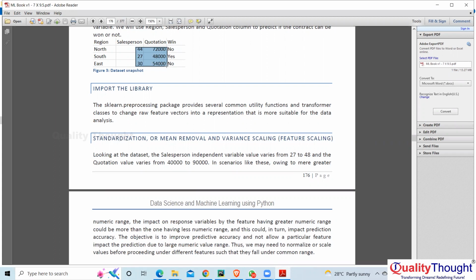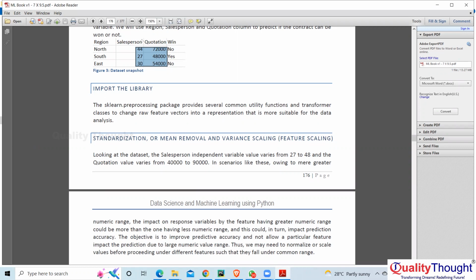So the idea here is, first, we do not want any column to have a bias over another column just because of its size or volume.